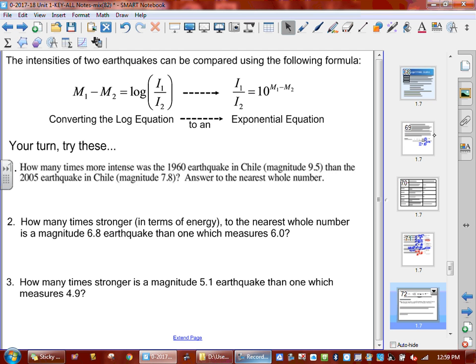So, when we read the first one, it's saying the Chilean one, 9.5, compared to the Chilean one in 2005. That was about 7.8. So you want to know how much stronger it is. So you're going to say intensity is equal to 10 exponent 9.5 minus 7.8. And then that's what we're going to type in.